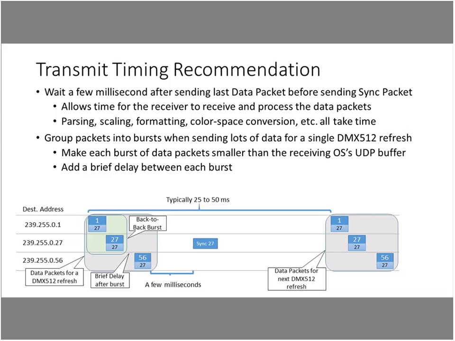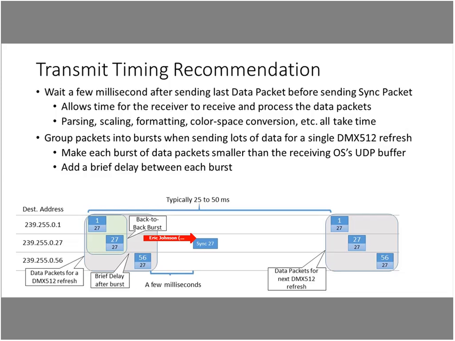And that's really what we show down here. We send a DMX refresh, all the stuff in this light gray here. You send a refresh for three universes' worth of data, you wait a few milliseconds, and then you send the sync packet.